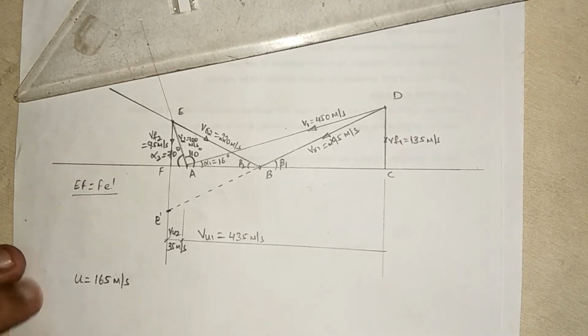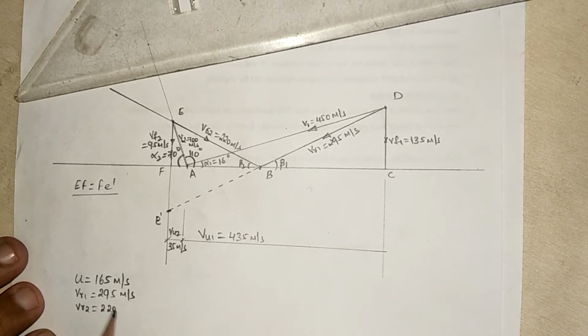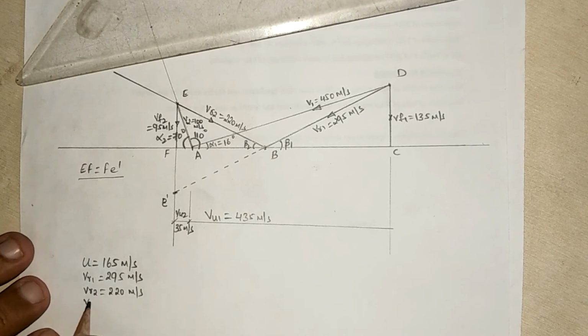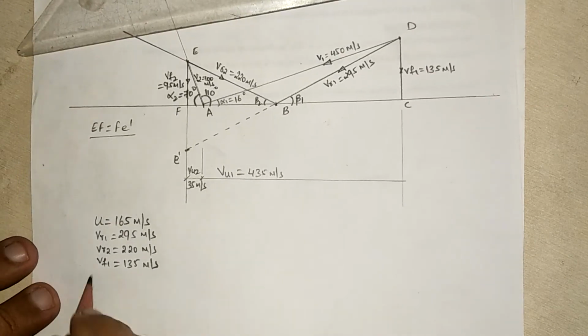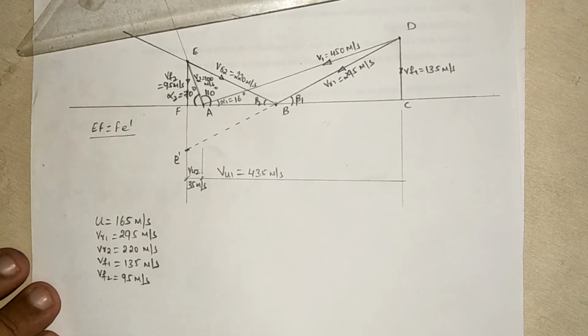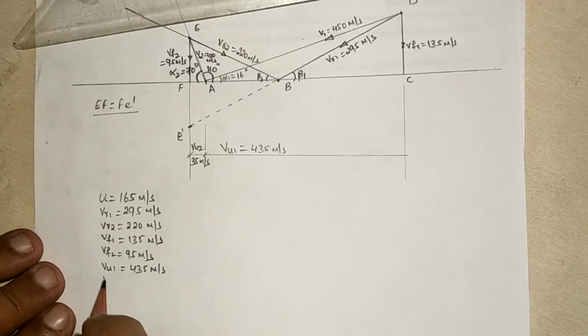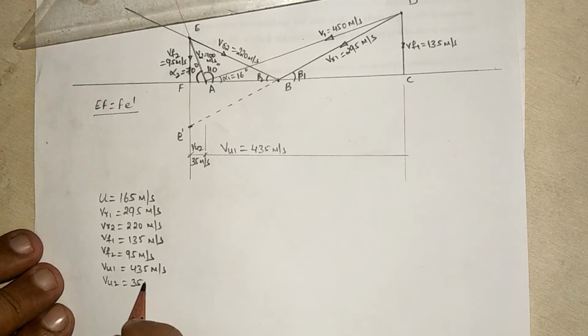We obtained VR1 is equal to 295 meters per second, VR2 is 220 meters per second, VF1 is 135 meters per second, VF2 is 95 meters per second, VU1 is 435 meters per second, and VU2 is 35 meters per second.